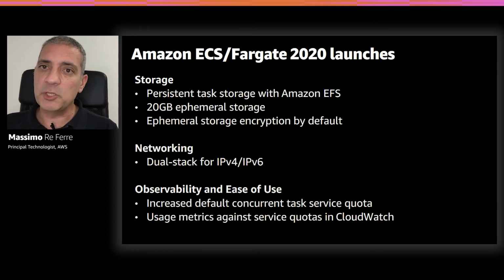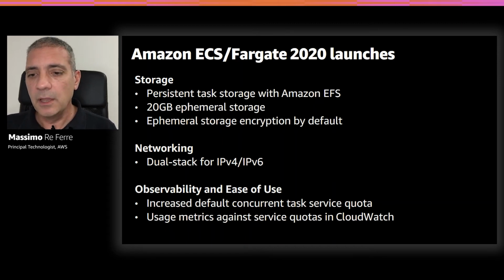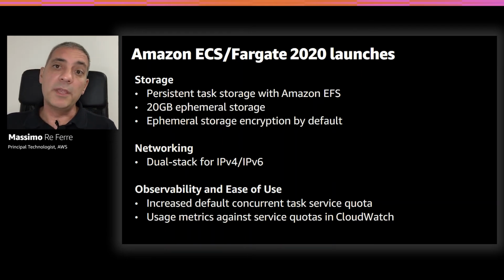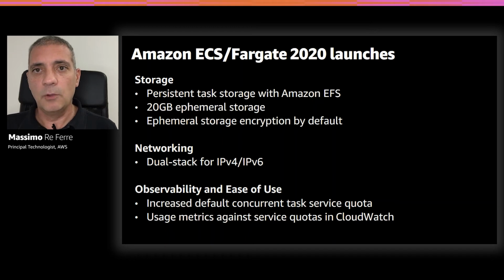From a networking perspective, we just enabled dual stack IPv4 and IPv6, and there are lots of other advancements that we have done in terms of observability, where we increased the concurrency of our tasks. We moved from 100 to 500 per region per account, and many other things that we're doing to improve the service.